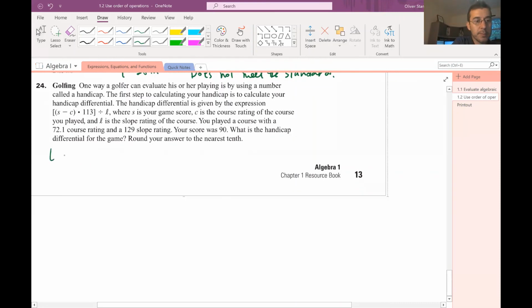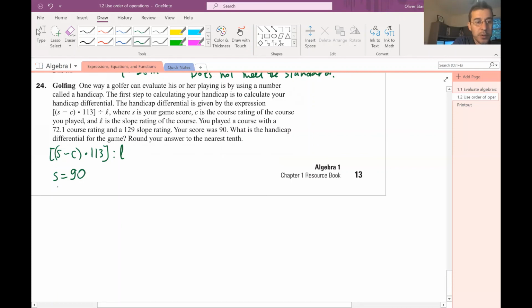So it is S minus C, in parentheses, times 113, and then divided by L, where S is your game score, and your score was 90, so S is 90.